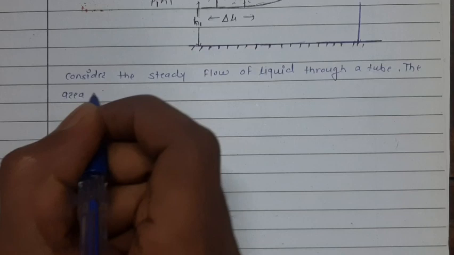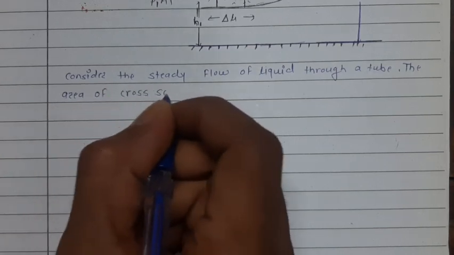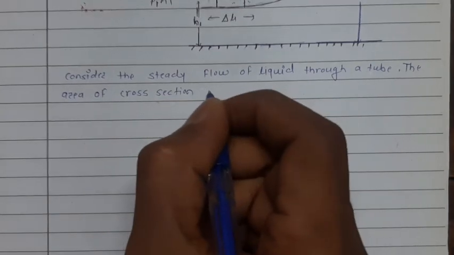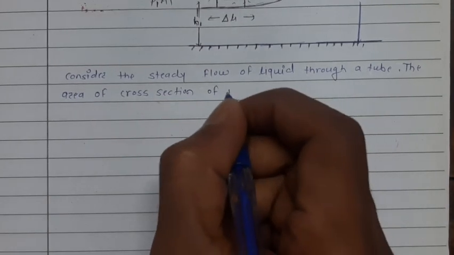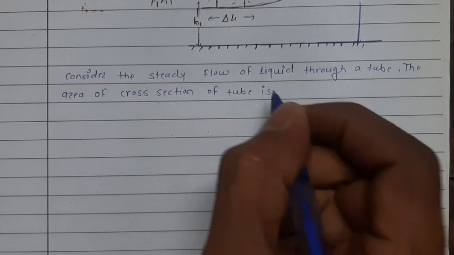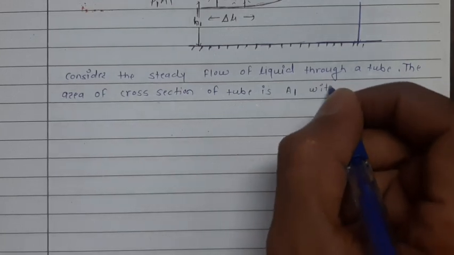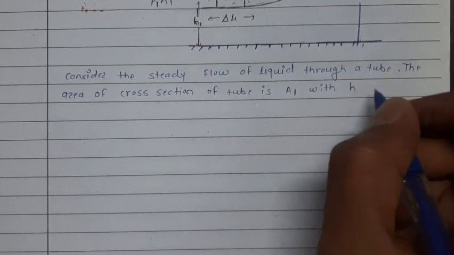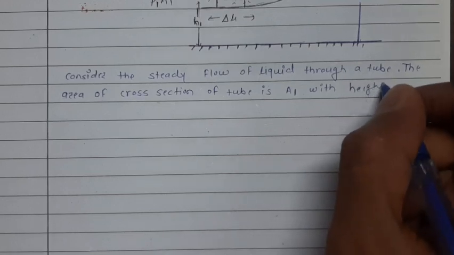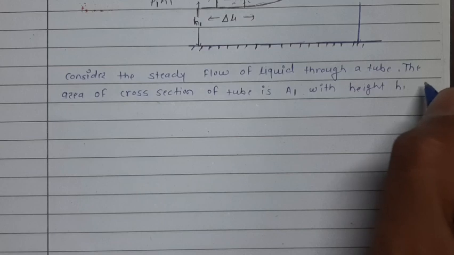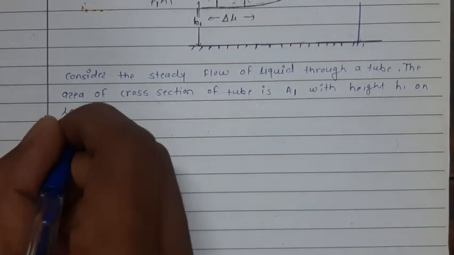The area of cross section of the tube is A1, at height h1 on the left-hand side.